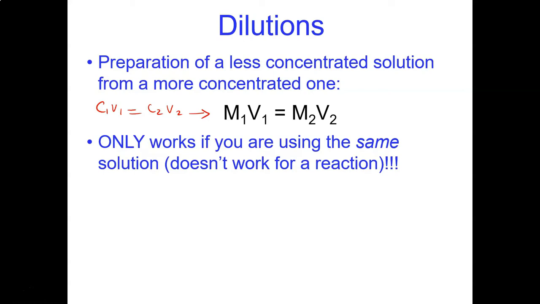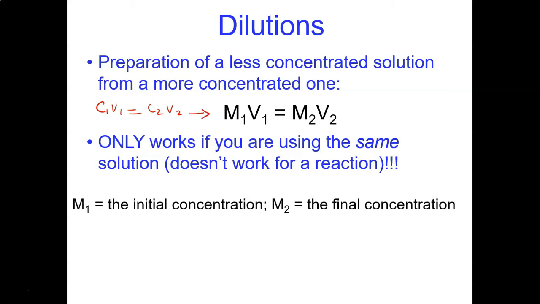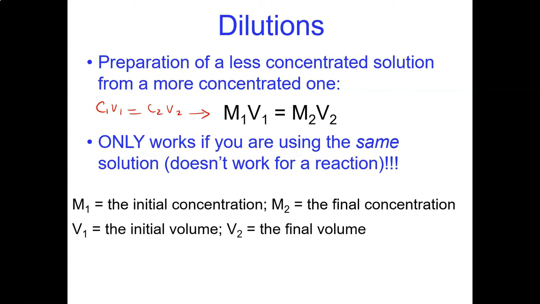This equation only works if you are using the same solution. It does not work if we have a chemical reaction. M1 is the initial concentration, M2 is the final concentration, V1 is the initial volume, the portion of the stock solution we use to dilute, and V2 is the total final volume after dilution.